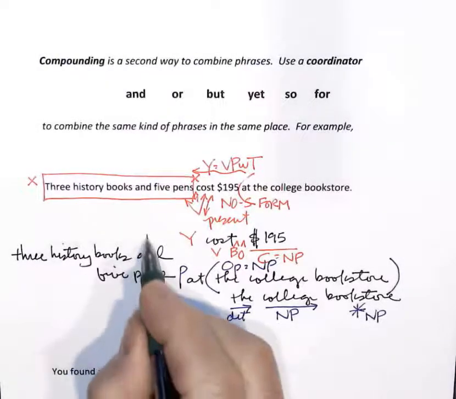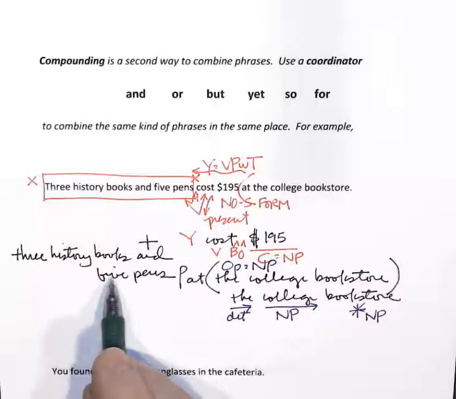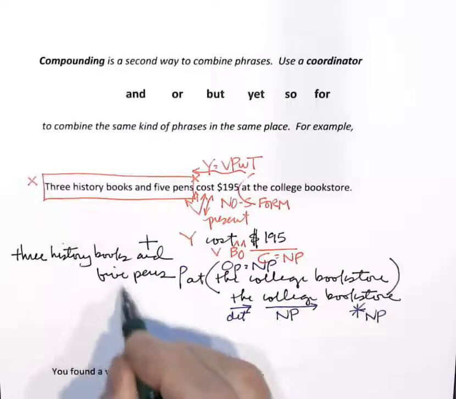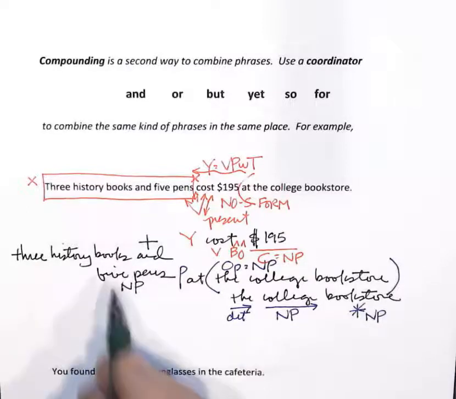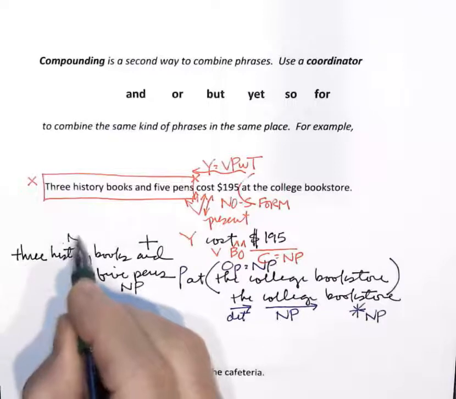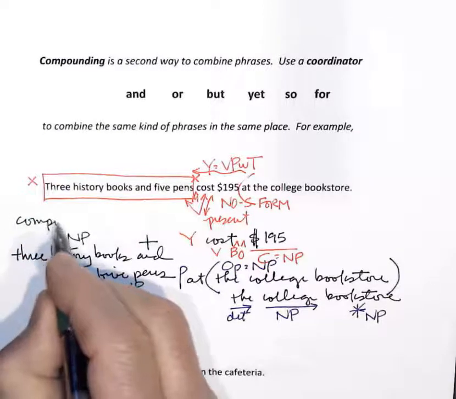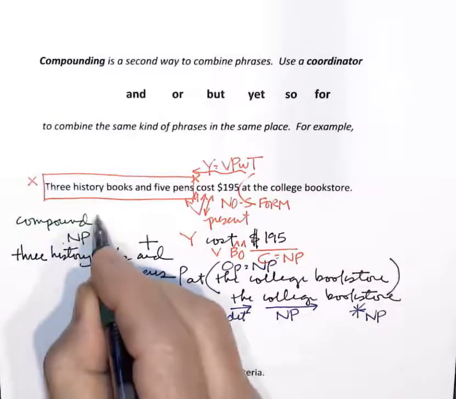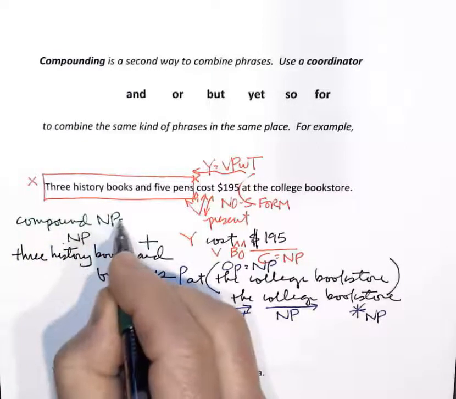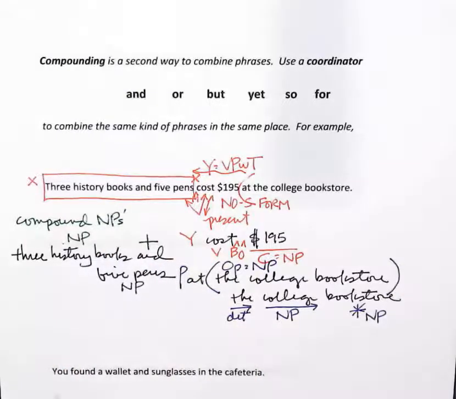I do see the coordinator. So let me see what's on this side. 5 pens. That's a noun phrase. So we should have a noun phrase on this side. 3 history books. We do. So actually we have compound noun phrases in the subject place.